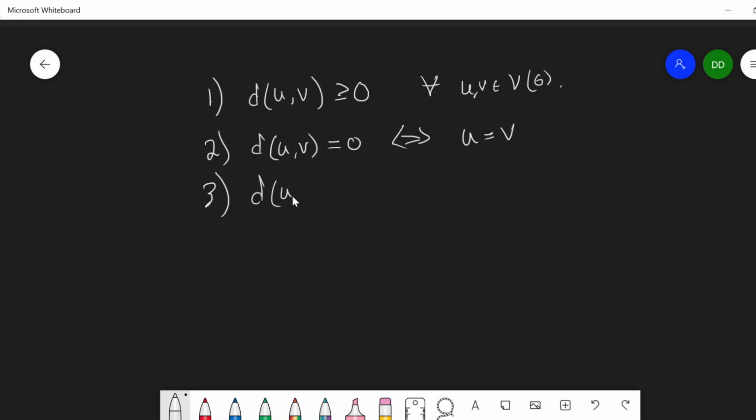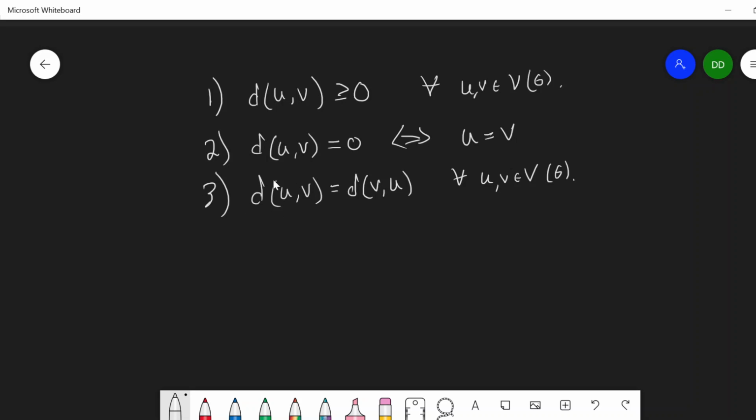We have the symmetric property: distance from u to v equals distance from v to u for all u, v in the vertex set. And why is this? Well, a shortest uv path, I could say rather a uv geodesic, is also a vu geodesic if I just reverse the order of the path.